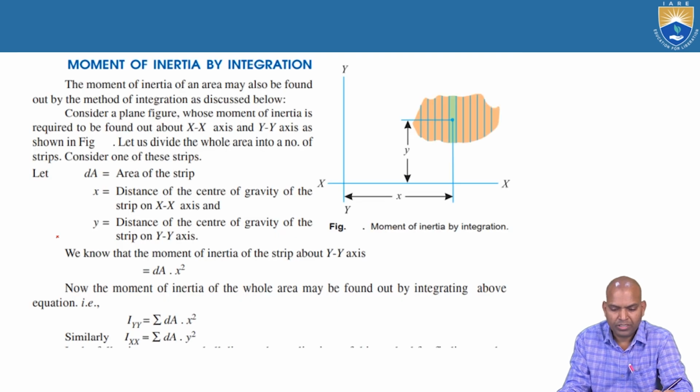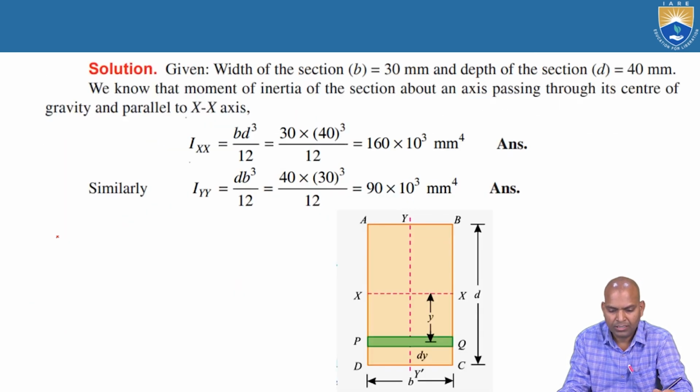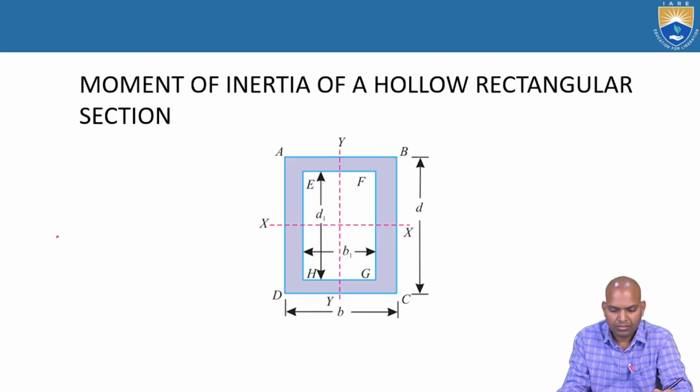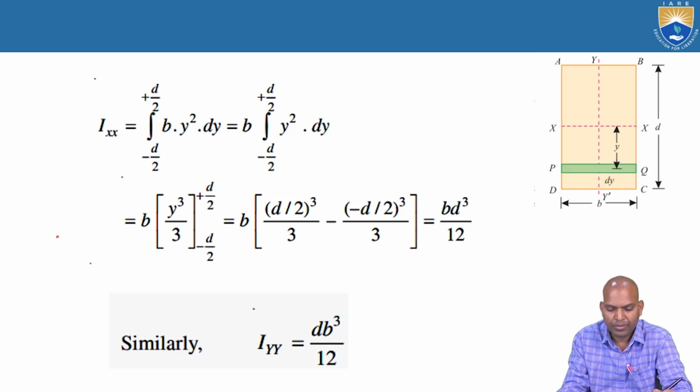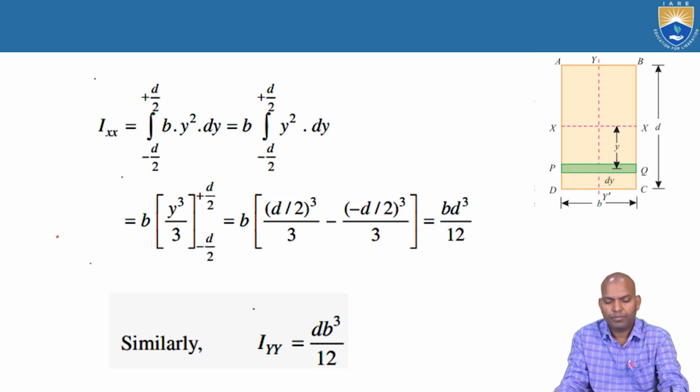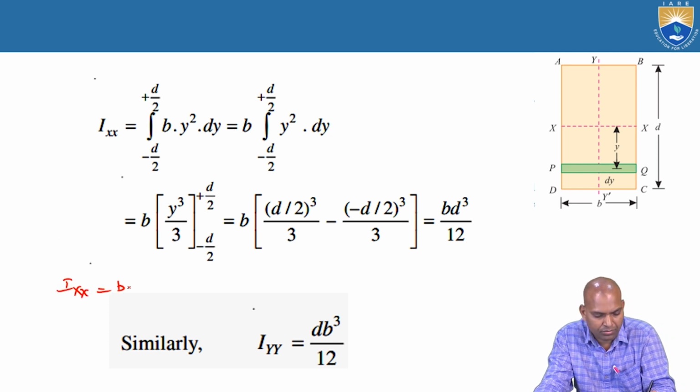Now let us begin with what we have done. We are going to solve problems. Suppose for a solid section, the expression for area moment of inertia is Ixx equal to b d cube by 12.